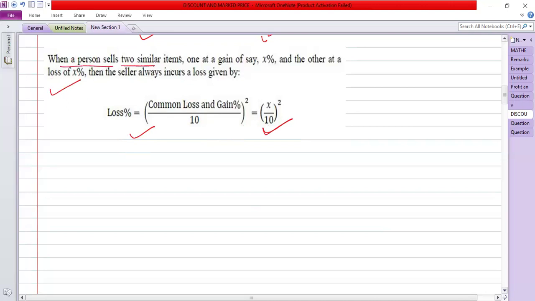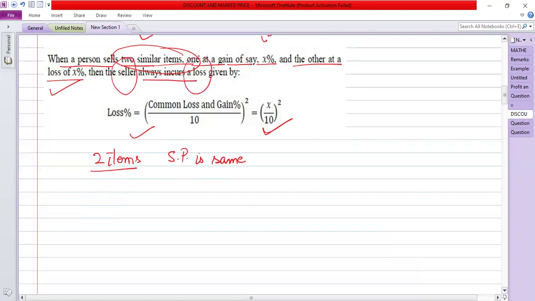If a person sells two similar items, meaning we have two items and both have the same selling price, and one item is sold at a gain or profit of X percent and the other at a loss of X percent, then in the whole transaction, the seller will always face a loss.